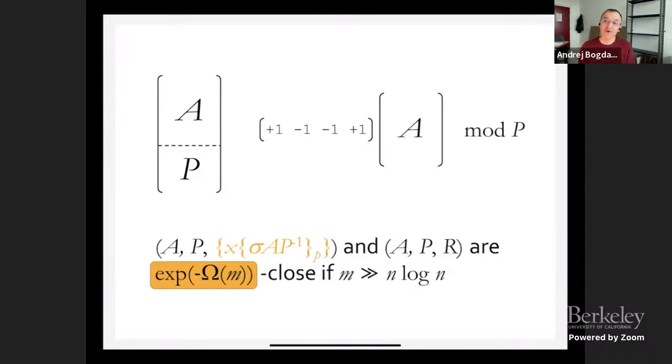What they prove is that it's going to be very close to random. Now it's just a distribution over a cube, so it's going to be the uniform distribution. And the advantage is that here it's exponentially close, so the statistical parameter is much better than in the other construction. It also works for a smaller value of M: it works when M is bigger than n log n.